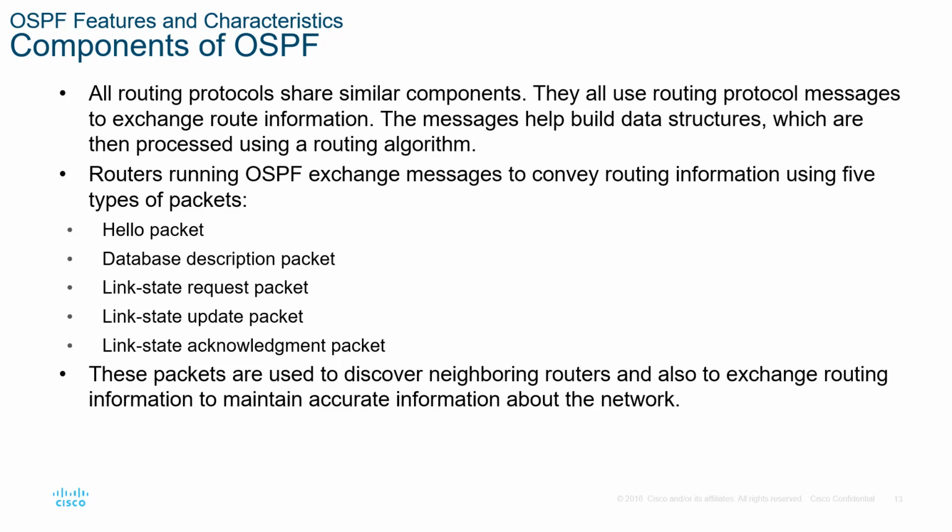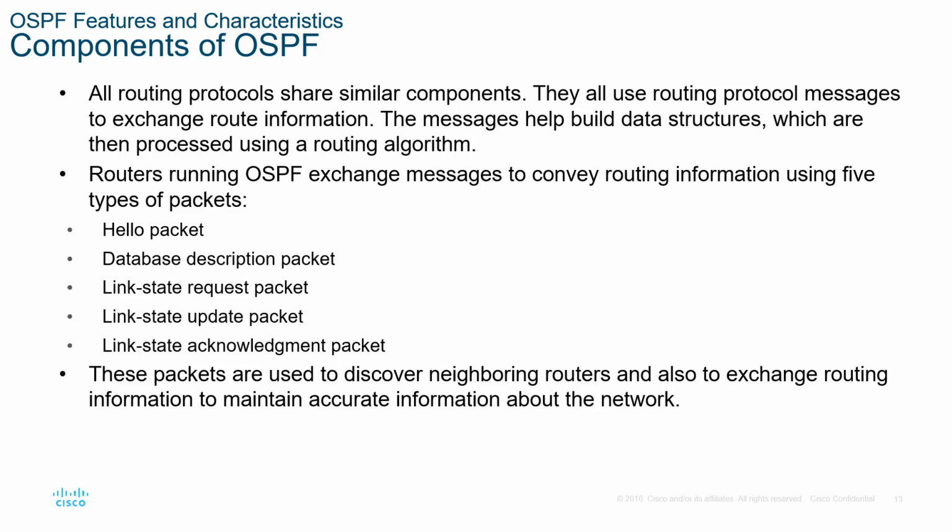The database description packet is used at the time of the adjacency being initialized. When one router learns about a neighboring router, that's the adjacency coming up, these packets are exchanged. The packets describe the topology database content, basically what the router knows about the topology.